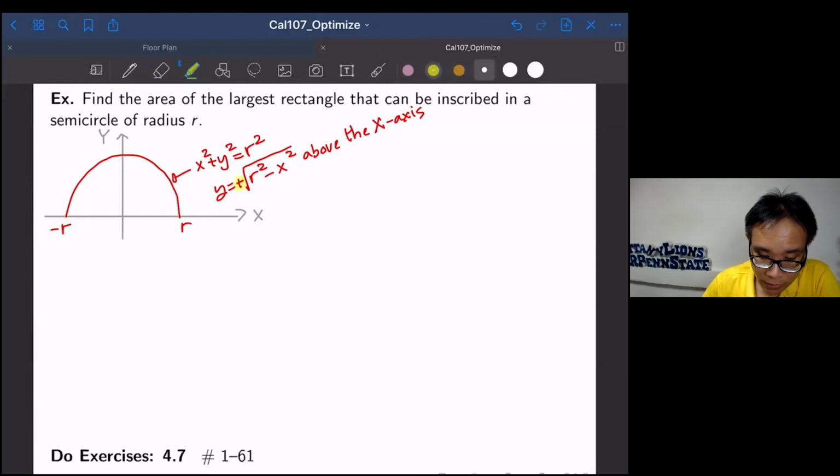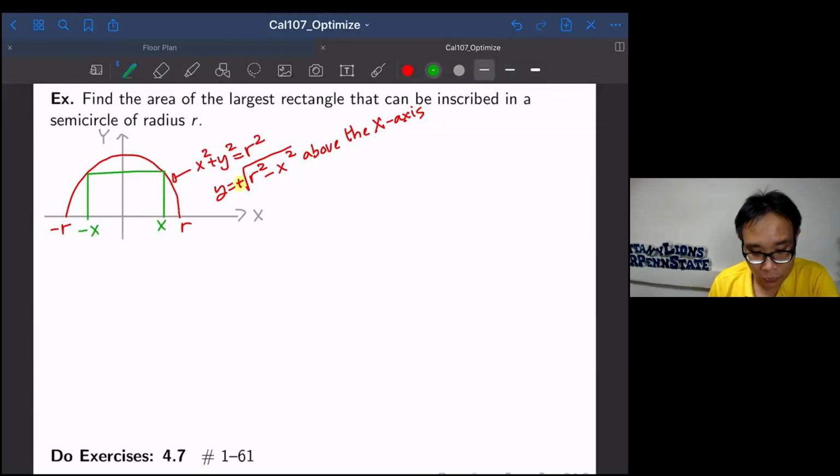And we're going to have the rectangle inscribed in this semicircle. So you see that you get a rectangle, and this will be your x and negative x. So you have two sides like this, and this one will be your y.